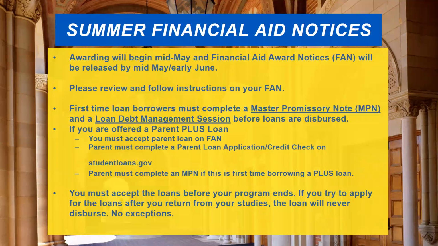The master promissory note, for both the student and the parent, is good for 10 years. So once you've done it, you shouldn't have to do it again for another 10 years. But for the Plus loan, parents have to do the Plus application every year. Some people think, well, I just did it last year, so I don't have to do it again. No, you do have to do it again for each academic year.